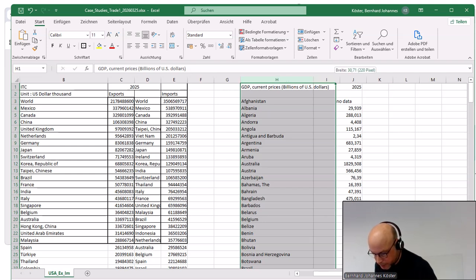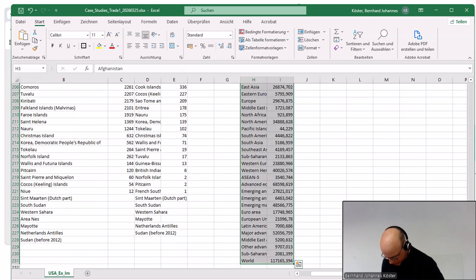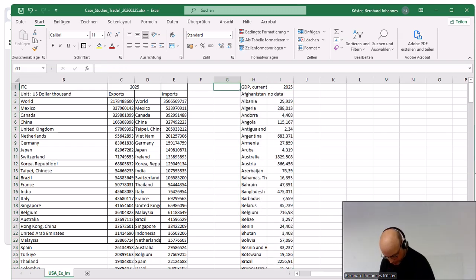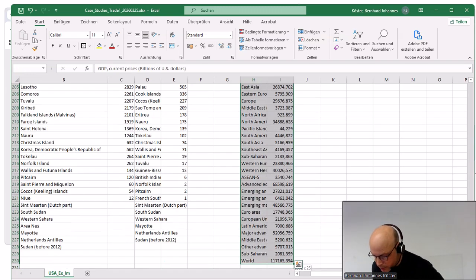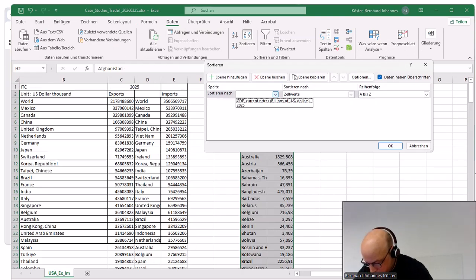Well, need it that large. Also the source. And then we want to sort the data in the year 2025 and downward.